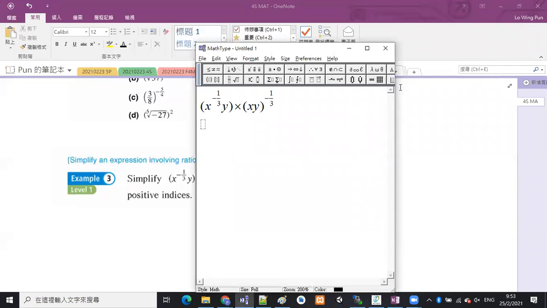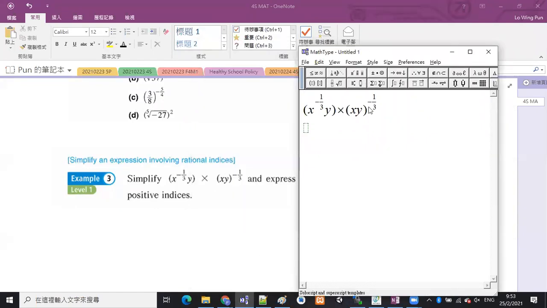Like this, okay? The first thing we check is whether there is a root symbol. Okay, do we have the nth root symbol here, the third symbol? No, then that is good.